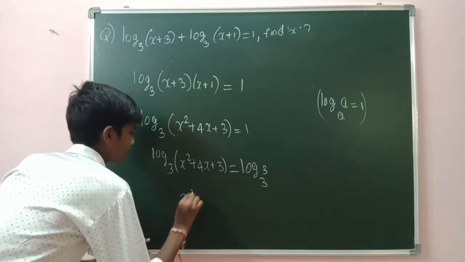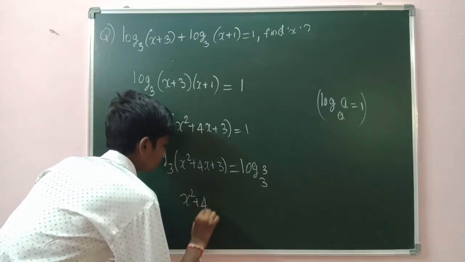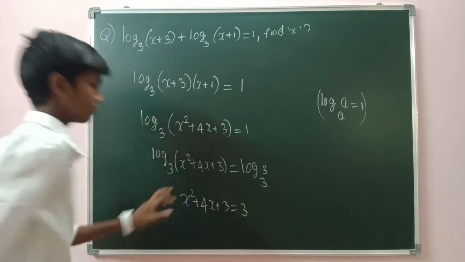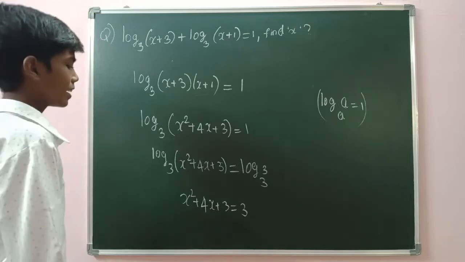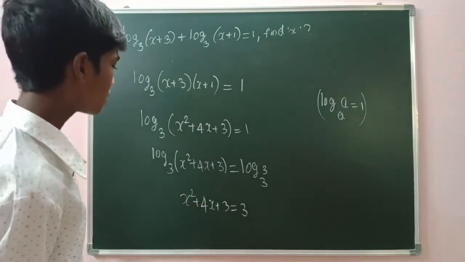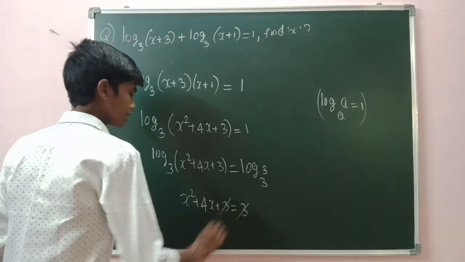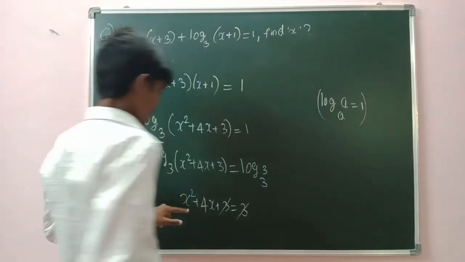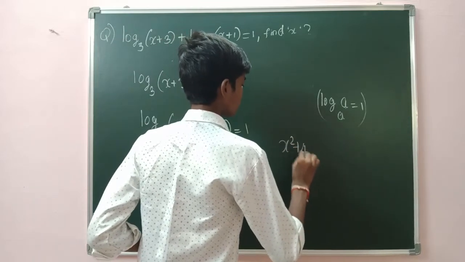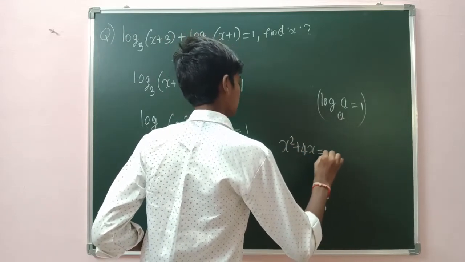So therefore I will get x square plus 4x plus 3 equal to 3. Correct now? When I equate these two inside values, this is what I get, because the base and log are the same. So now I can cancel this 3. Therefore we get x square plus 4x is equal to 0.